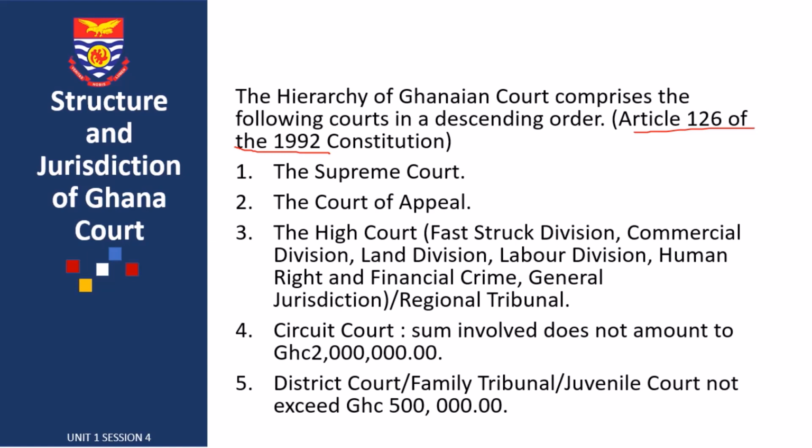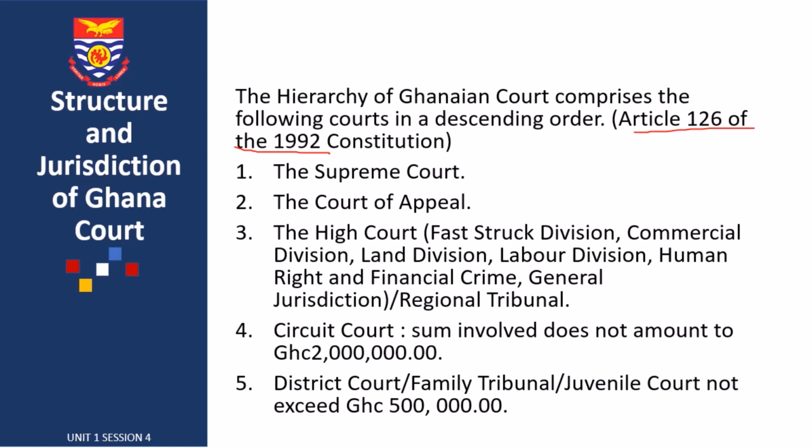That is when a case that started below the Supreme Court may be appealed to the Supreme Court, subject to a few exceptions. For instance, when you want to challenge a parliamentary election, you can only appeal up to the Court of Appeal.